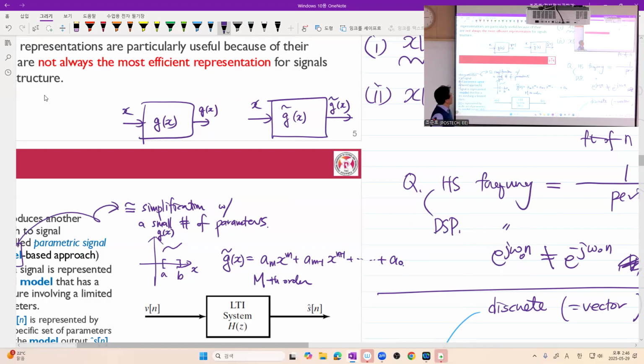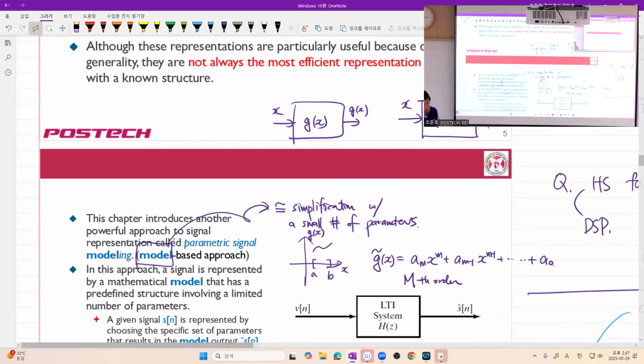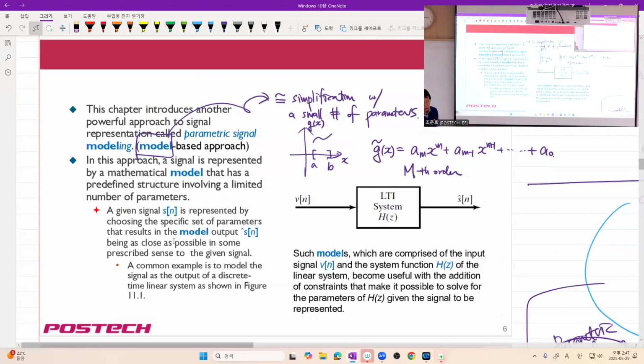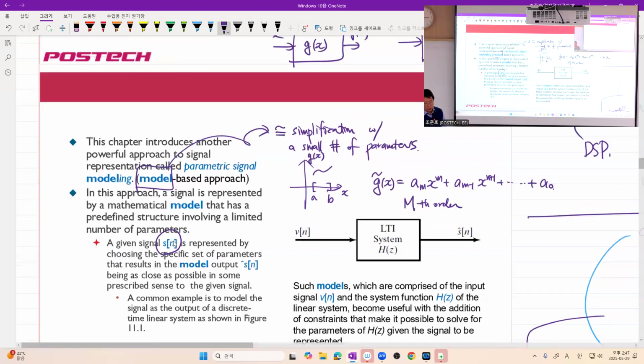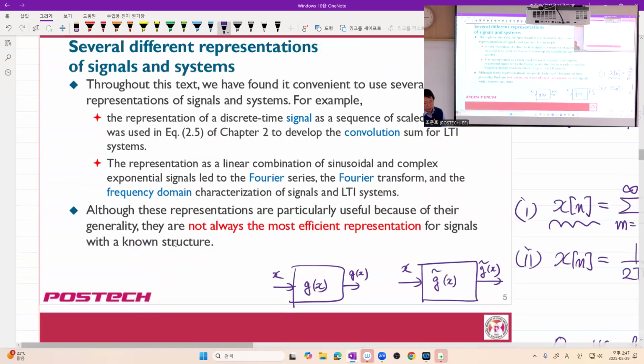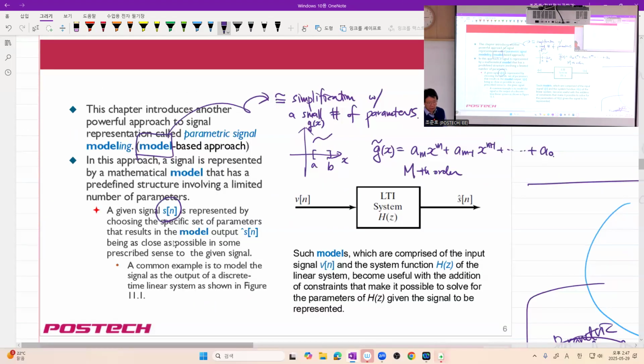Got it? Anyway, we are doing almost the same thing in this parametric signal modeling. So suppose S is the signal you want to rewrite, represent.